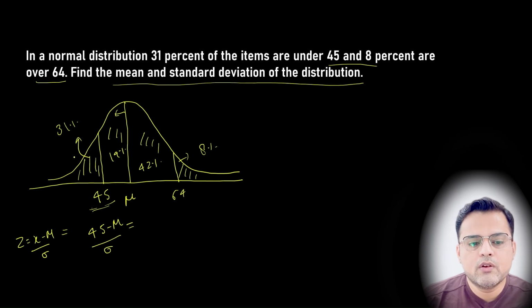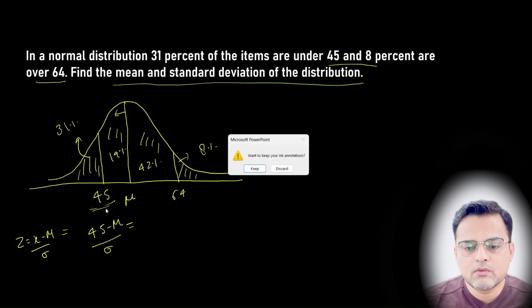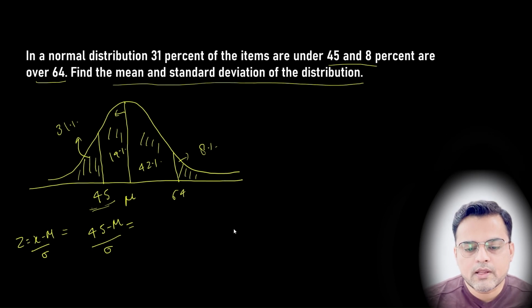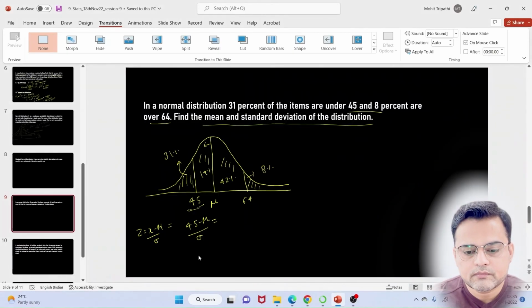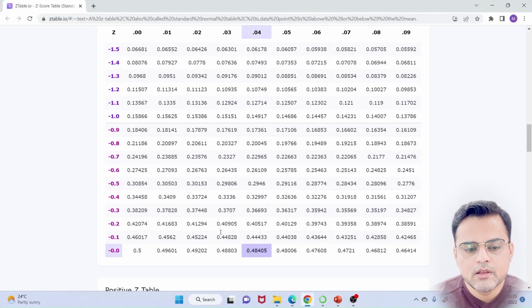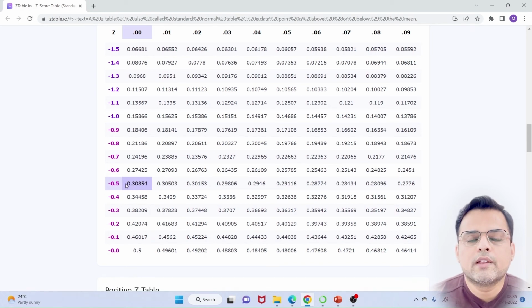And what is the value of z where the area is 31% on the left side? For that we have to see the normal distribution. So this is the curve, this is the z table. So in the z table we have to find that value which is covering the 30% on the left side, which is minus 0.5.